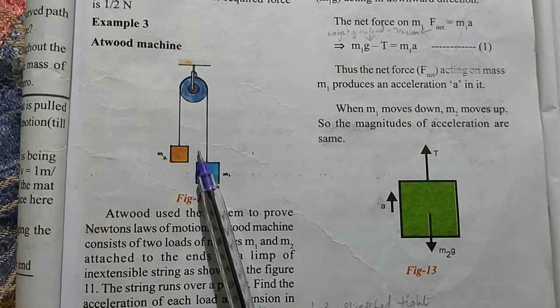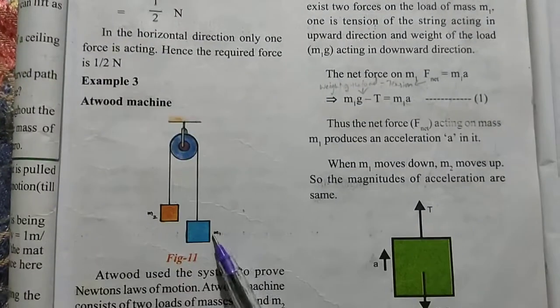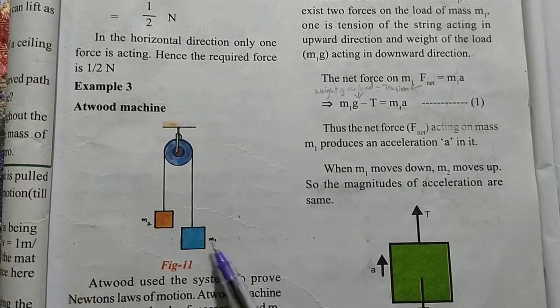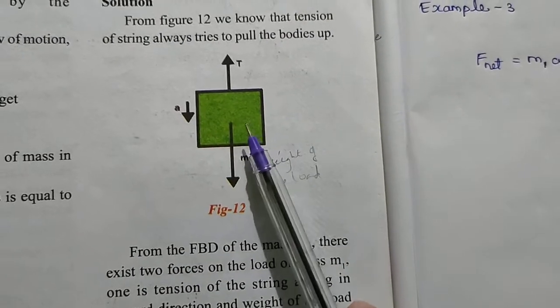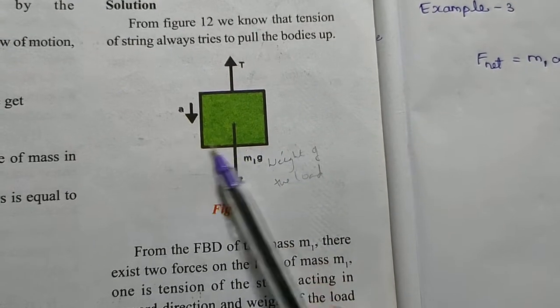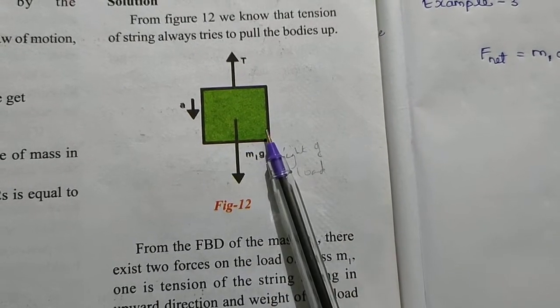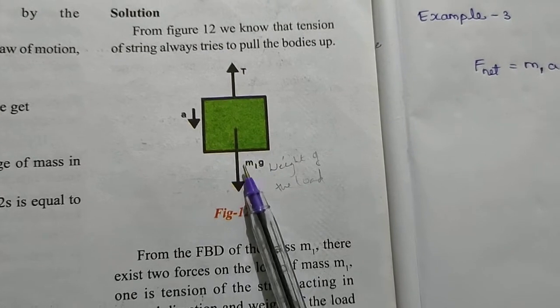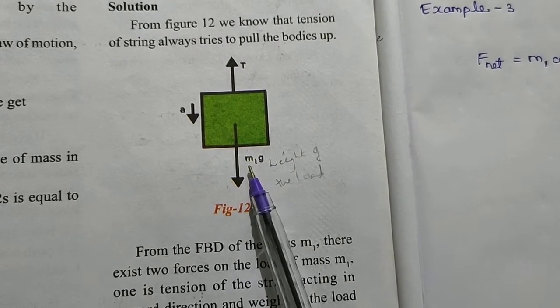Now see, for condition 1, where there is a heavy weight, this is my box M1. It has a weight which is acting downwards.